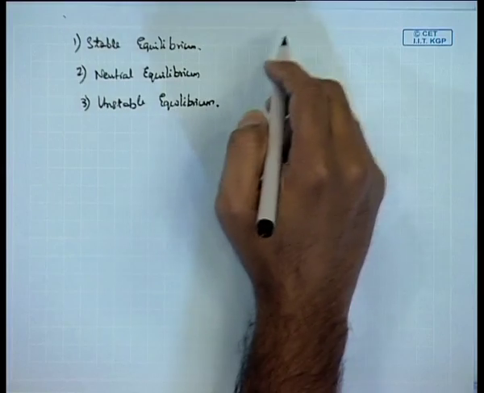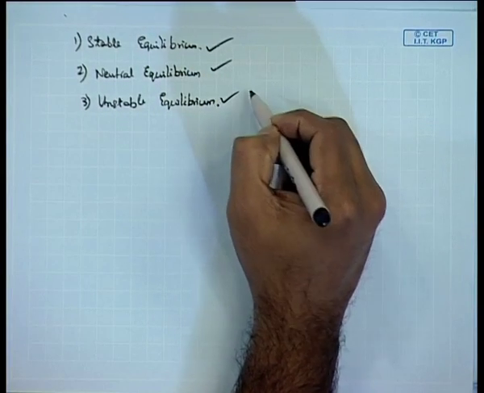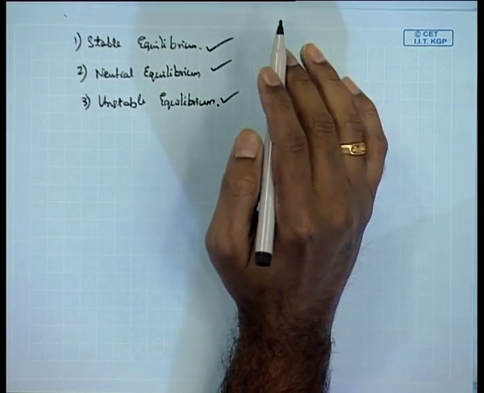Such a situation is known as unstable equilibrium. So, these are three forms of equilibrium: stable, neutral and unstable. In unstable equilibrium the body capsizes, in stable equilibrium the body returns to its original position after removal of the force or moment, and in neutral it remains at the same position.